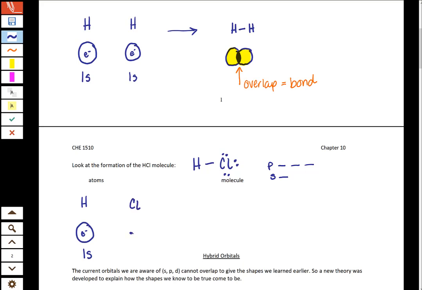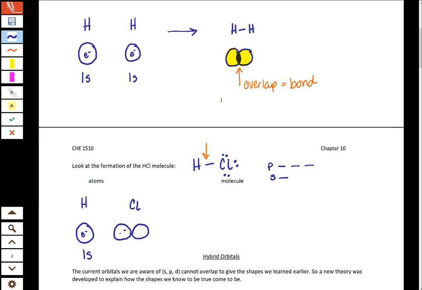So if it's a p orbital that's overlapping, p orbitals have that dumbbell shape, right? S had the spherical shape, p orbitals have the dumbbell shape. And when you form this bond, it is an overlap of 2 electrons. So really there's only 1 electron coming from the hydrogen and 1 electron coming from the chlorine. And we'll call this a p orbital.